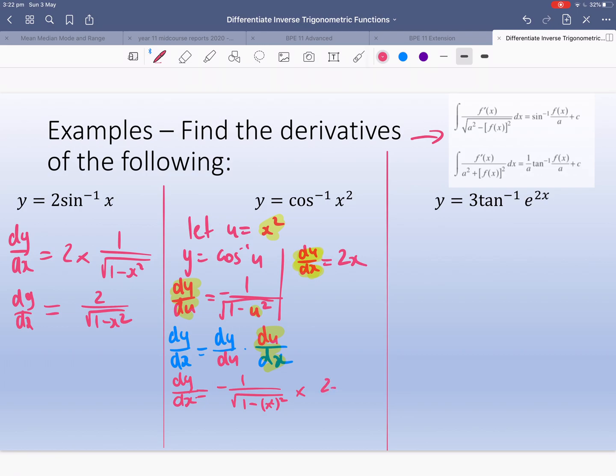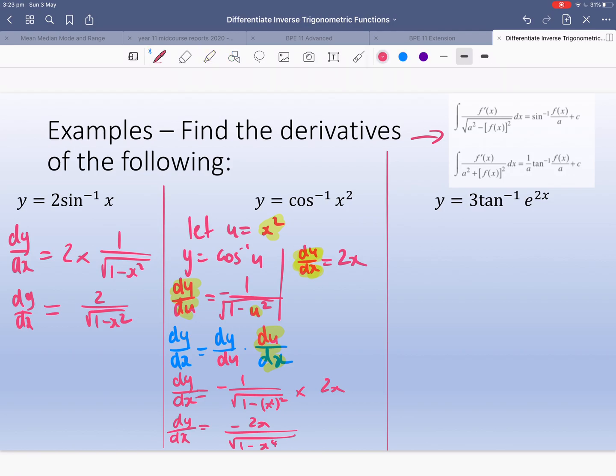So if we consolidate everything down, we're going to get minus 2x over the square root of 1 minus x to the 4. Okay, so that's what dy dx equals. Now, as you can see here, all we're doing is finding the derivative of the same thing, okay, and then we're multiplying it by the derivative of what we made u, okay.